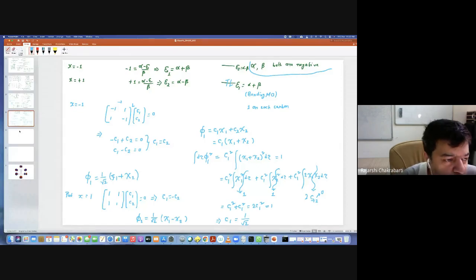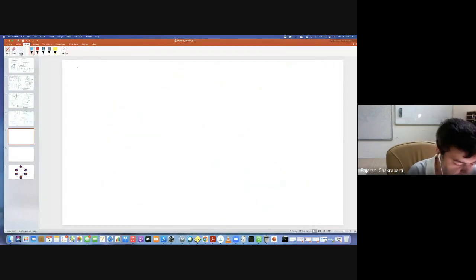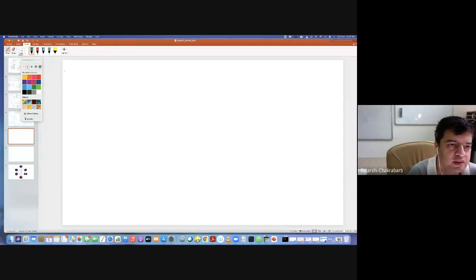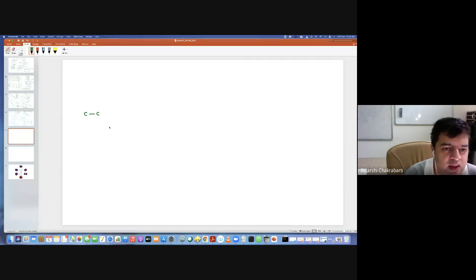Can you draw these two MOs? So bonding and anti-bonding. Yes. So can you draw this? How does phi 1 look like? Let me write down the expression here. Phi 1 is some constant times chi 1 plus chi 2, no? And chi 1, chi 2 are the pure orbitals. So essentially, phi 1 would look something like this.